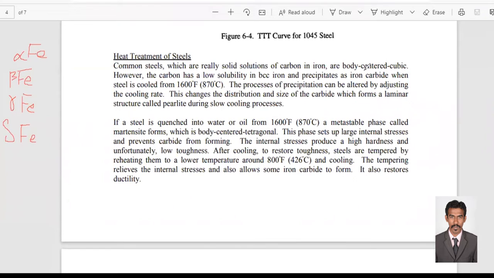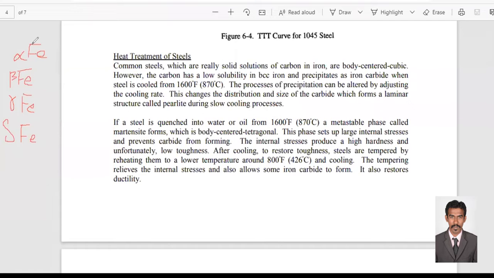I will explain in detail later which has which structure. Mostly we have carbon in the iron. There are other metals also in very small quantity, but usually carbon and iron combine to make steel.